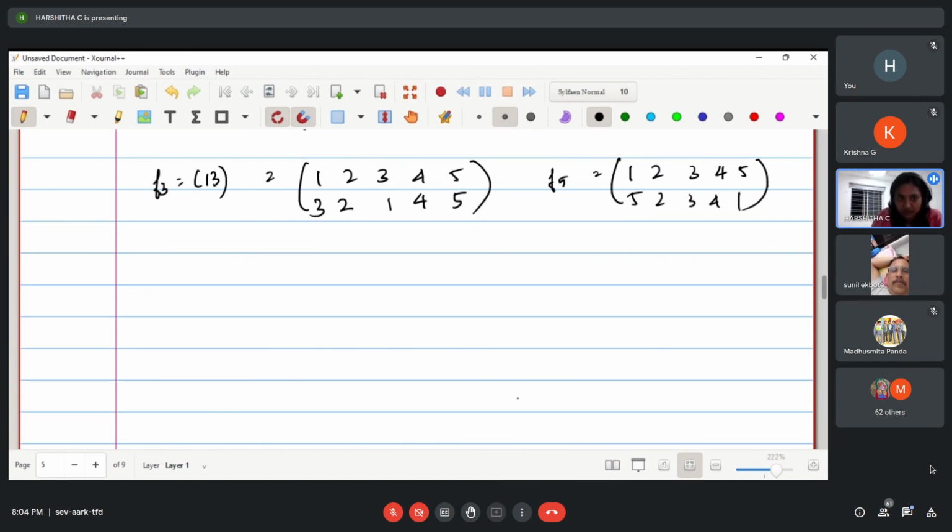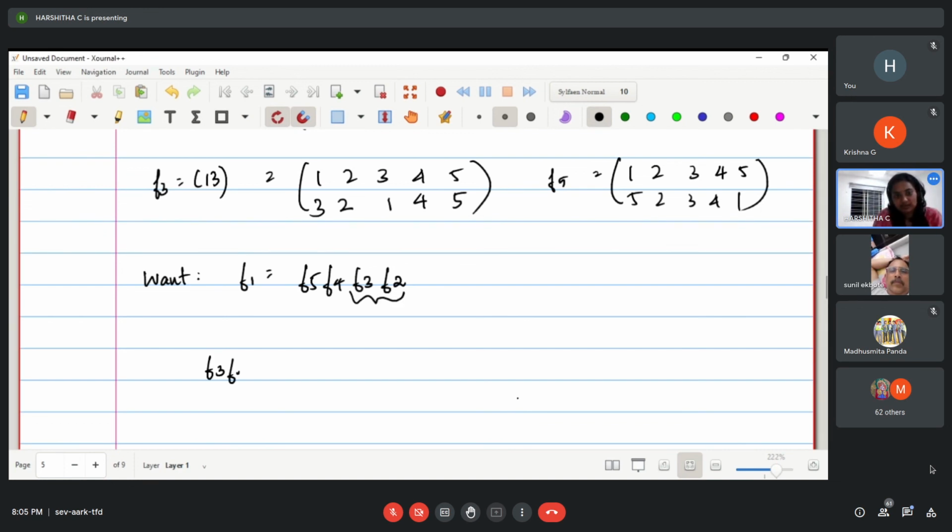So let's just do one step, not so many at a time. See, what we want is F1 is equal to F5, F4, F3, F2. So let's just start with F3 into F2.